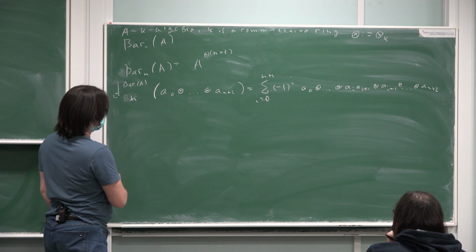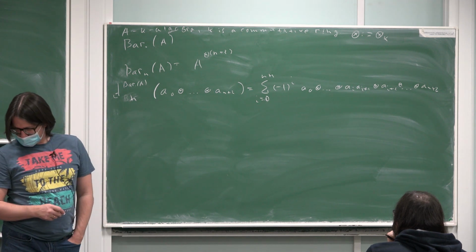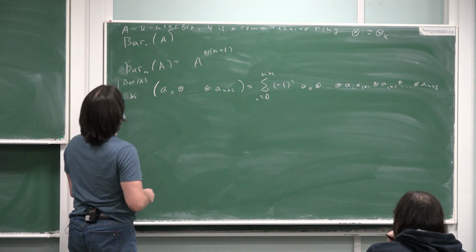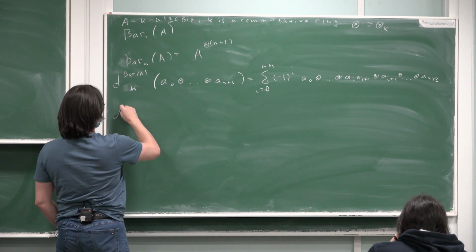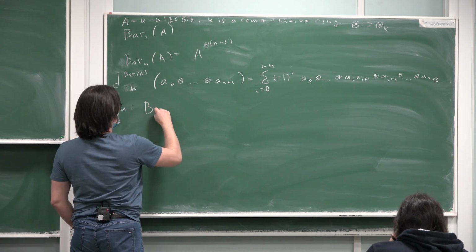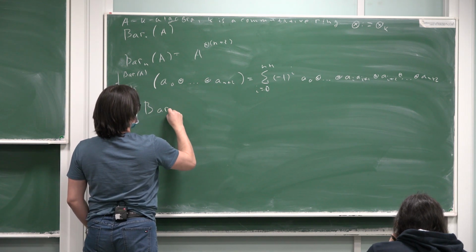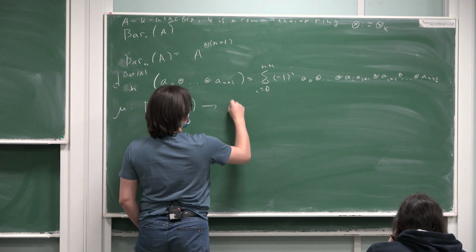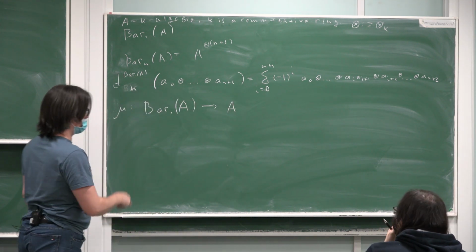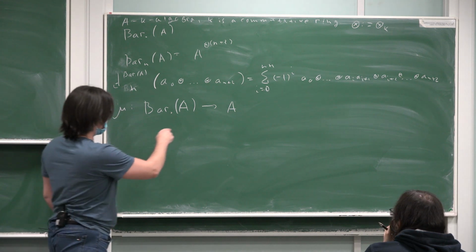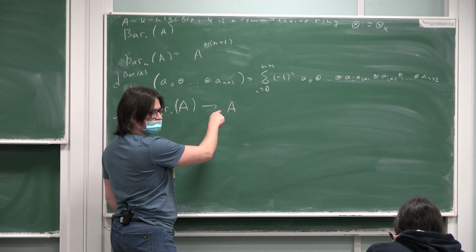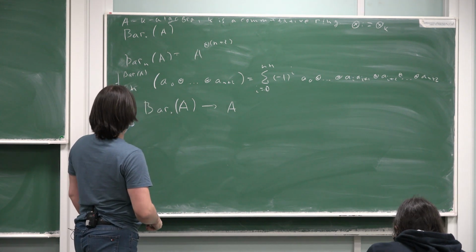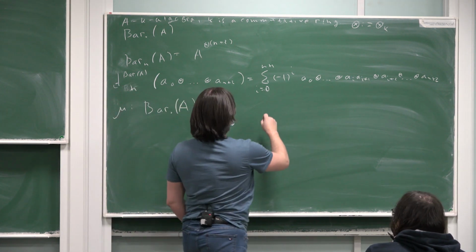So as I remember, there is a map of complexes mu from bar dot of A to A, where A is, of course, a complex that has A in the 0 degree and zeros in all other degrees, defined by the equality.